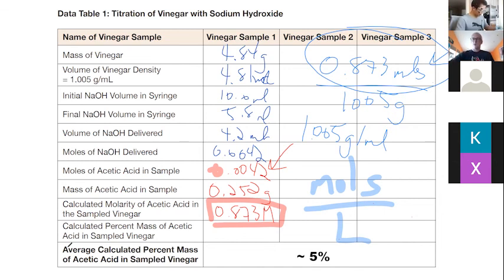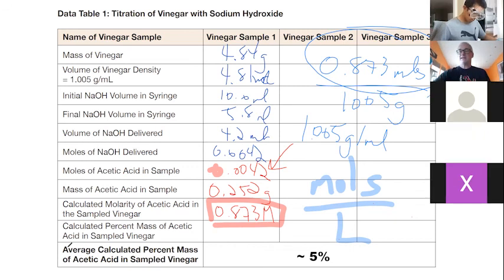So I want to get rid of moles and change it to grams, right? So I'm going to put moles on the bottom and the molar mass of acetic acid on the top. And the molar mass of acetic acid is 60.052 grams per mole. So moles of acetic acid are gone and I'm left with grams of acetic acid in the numerator and grams of solution in the denominator.